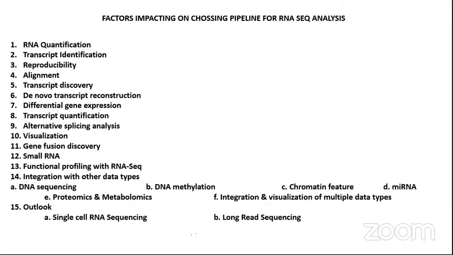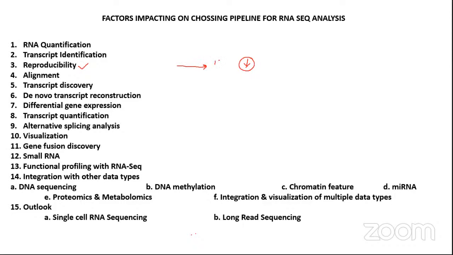So for the analysis also we have to choose different factors. What are the different factors? Data analysis depends on several factors. RNA quantification: suppose I know that my genes are low expressed. To see these genes, I have to take the appropriate amount of RNA.